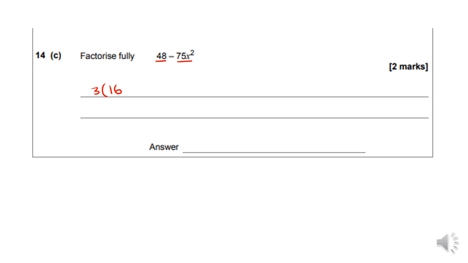And 75 is 3 lots of 25, and I've still got the x squared in there. But then that starts to look like something a little bit different. If you think about x squared minus another square number, it's called the difference of two squares.